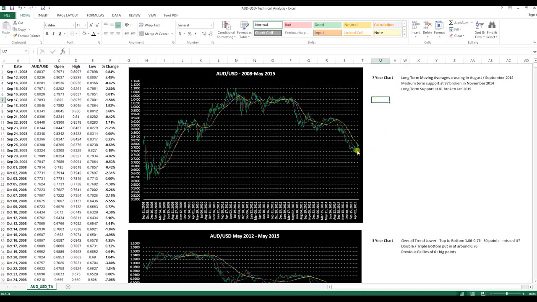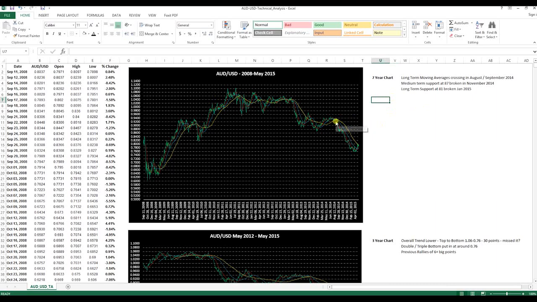So when we look at this big move down here, we have to compare it to other moves down in the exchange rate in the past. So we're looking at moves like this here on the chart. And the first thing we notice when we're trying to get perspective here is that this is the biggest move down out of the 7-year history. Visually, we can see that. So we have to remember that, keep that in the back of our minds.